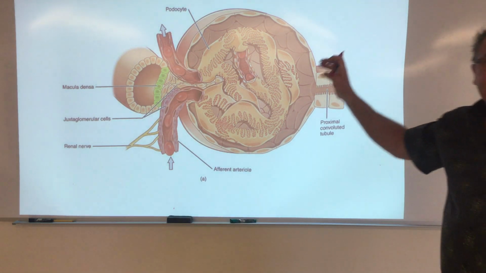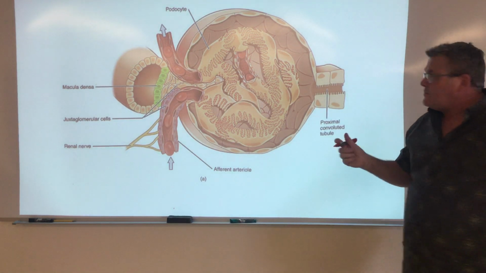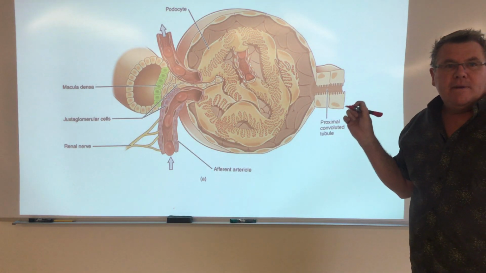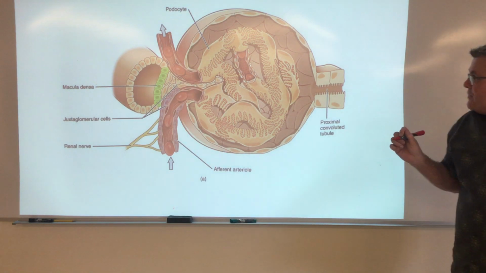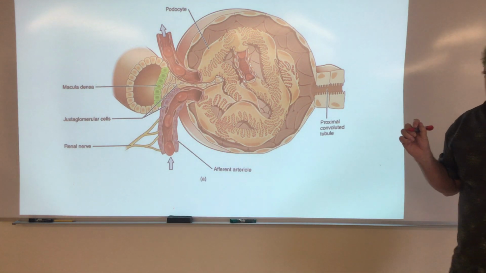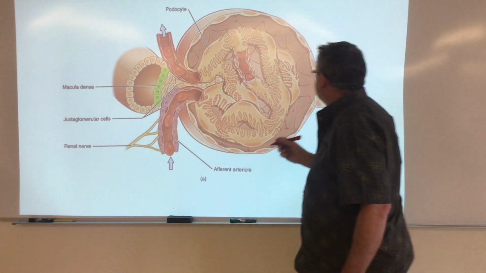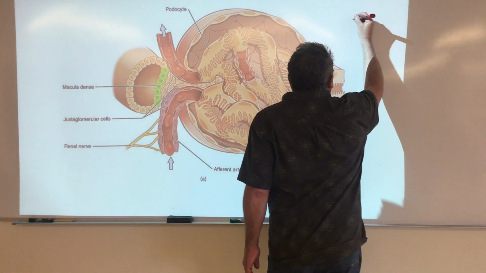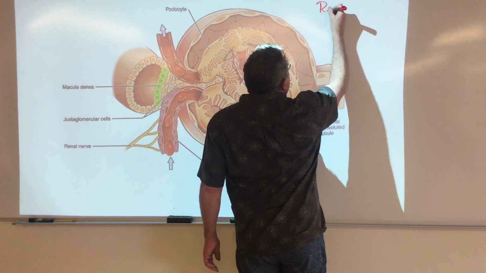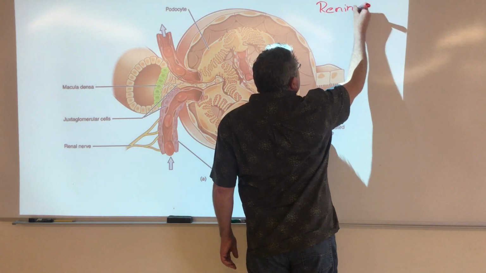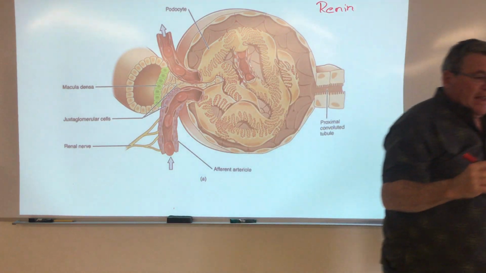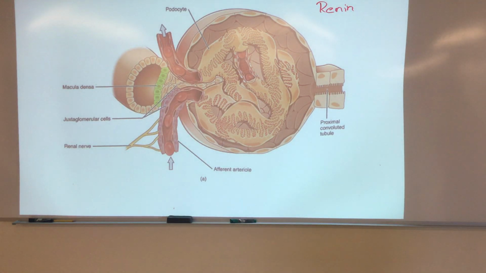One of the last things I mentioned was blood pressure. The juxtaglomerular cells, if they detect low blood pressure, and what a great place to detect it, you're right between two arterioles, they are going to produce renin. I keep wanting to call it renin, but it's actually renin.